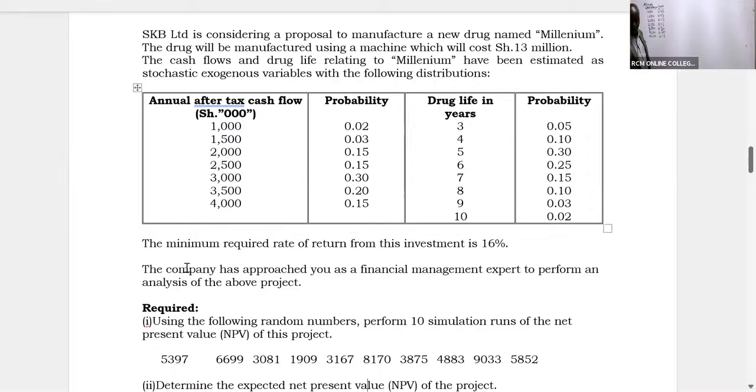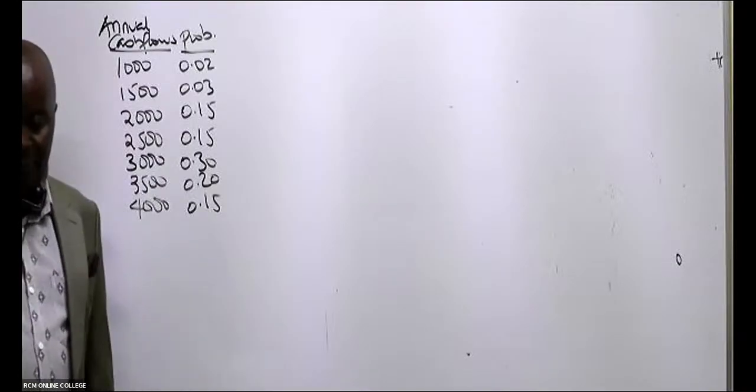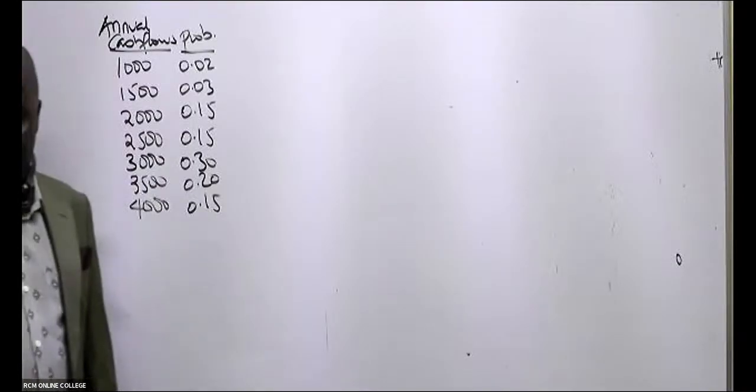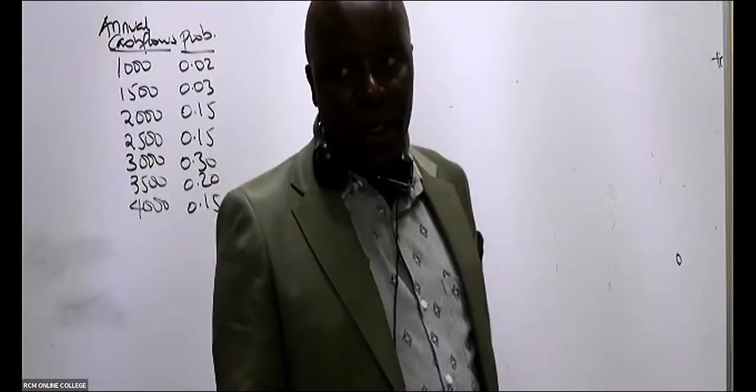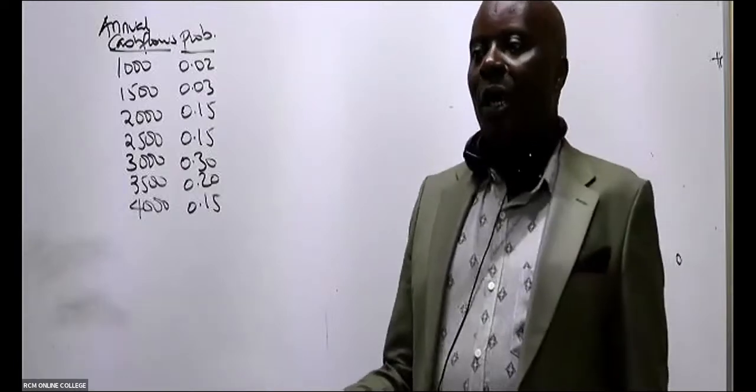So first of all, if you look at the question, they want us to determine the following, using the following random numbers, perform 10 simulation runs. So to simulate, the first step will be for you to come here and get the random number ranges. But how do I get random number ranges without cumulative?